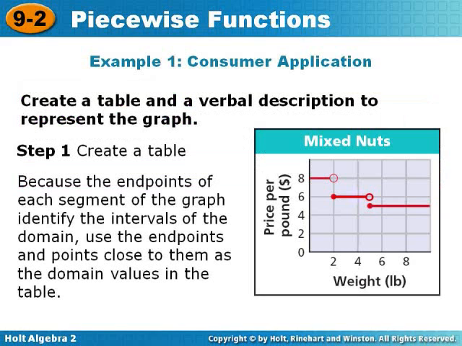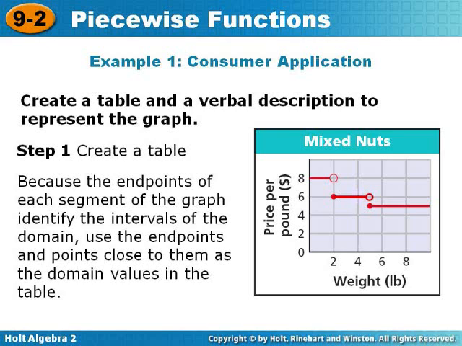Let's look at this example of a piecewise function. You should be able to read the graph. Notice it's mixed nuts, price per pound. If you purchase 2 pounds or less than 2 pounds of nuts, you will pay $8 per pound.